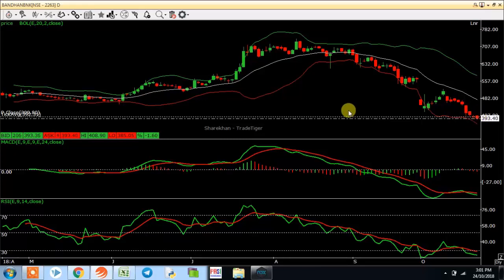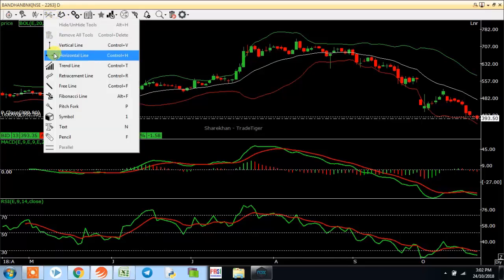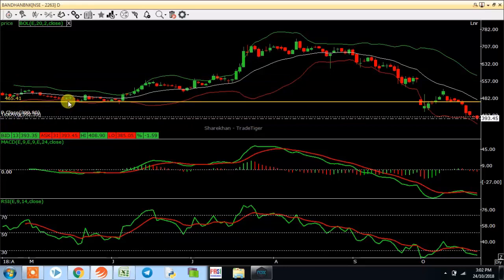Whenever you want to invest in any stock, the first thing is to analyze the near support and the resistance. Here it is already down, so the question of support doesn't arise. So what could be the resistance? For resistance, we take the horizontal line and try to draw a resistance here.